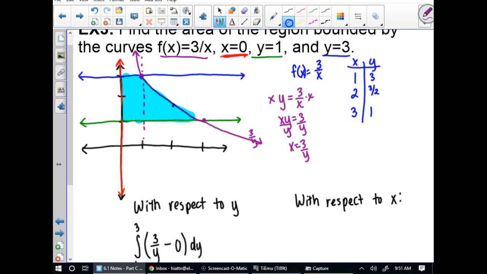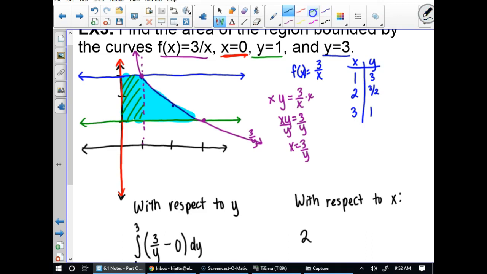Or, well, we could, but what is this area right here? A nice, beautiful shape that we know how to find the area of, right? If it was a different function, it might be worse, but we know how to find that area. So we could just say length times width, which is 2 times 1, so that part is going to be 2.